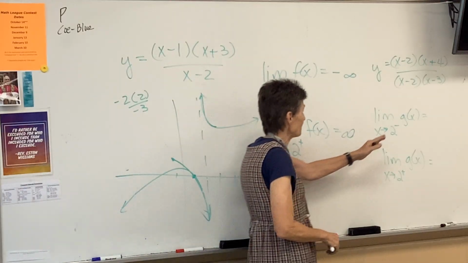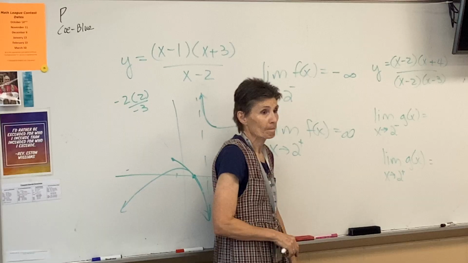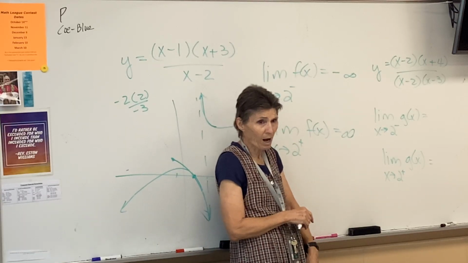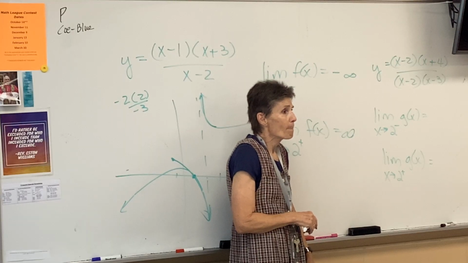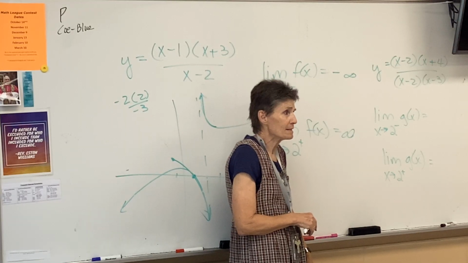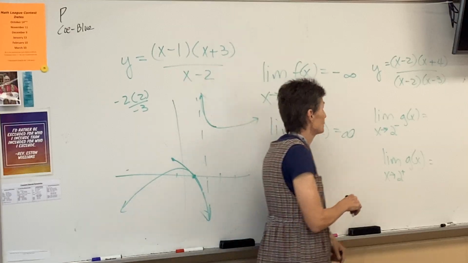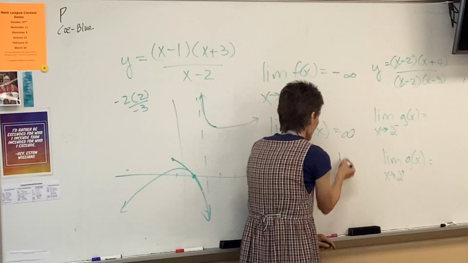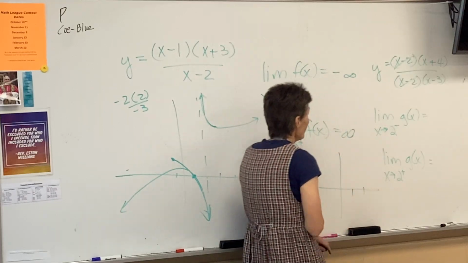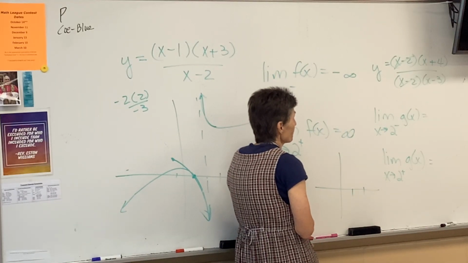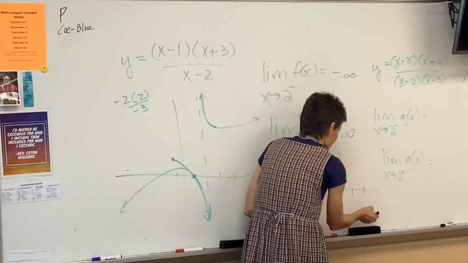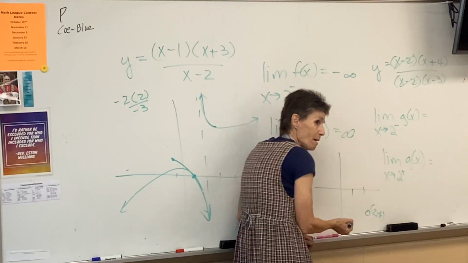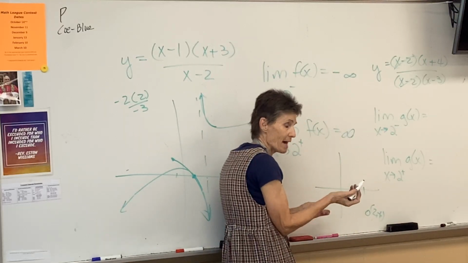Alright, what did you decide about the second one? Now this one is different, because why? There's no vertical asymptote at 2. What is there at 2? A hole. And where is that hole? 2 comma what? Negative 6. So if I graph this, I'd have a hole down here at 2, negative 6. Now remember, I don't know what this looks like. It doesn't matter to me.